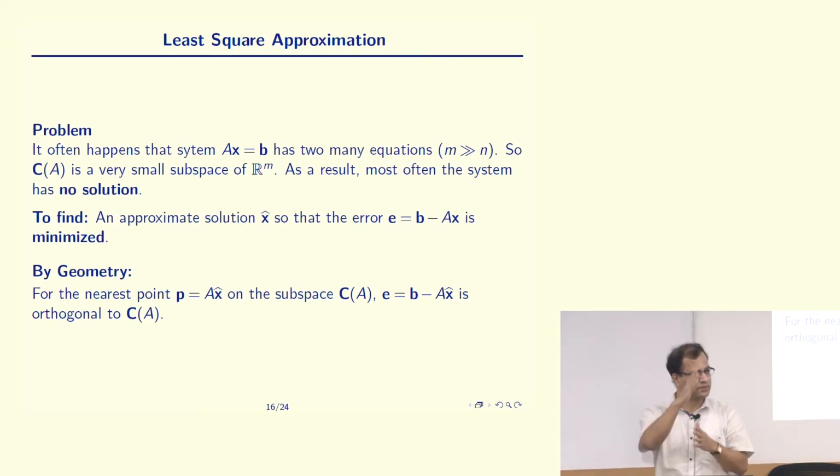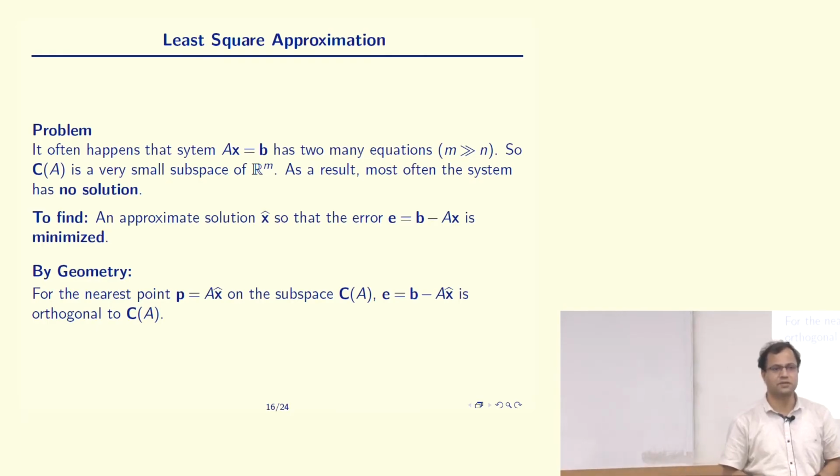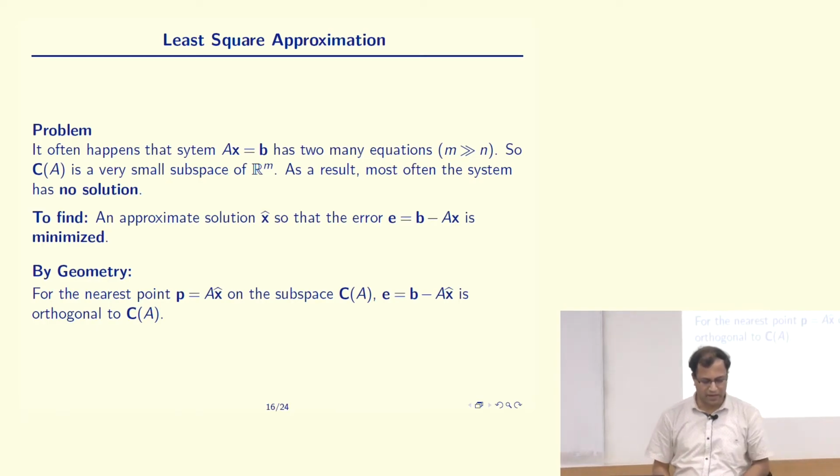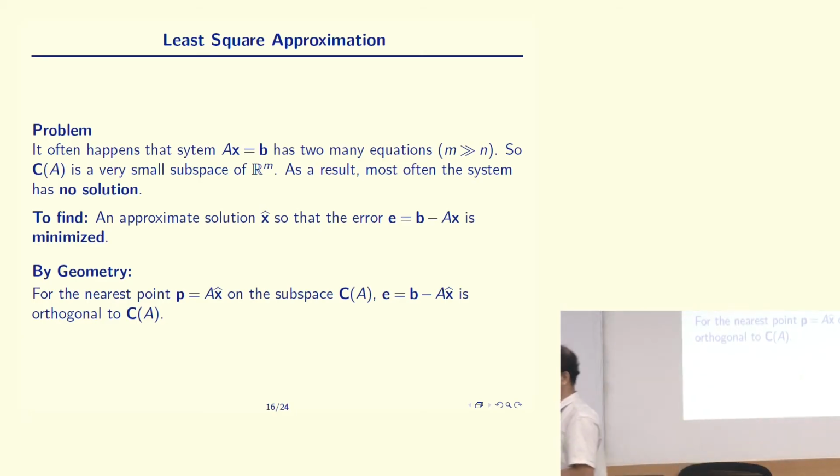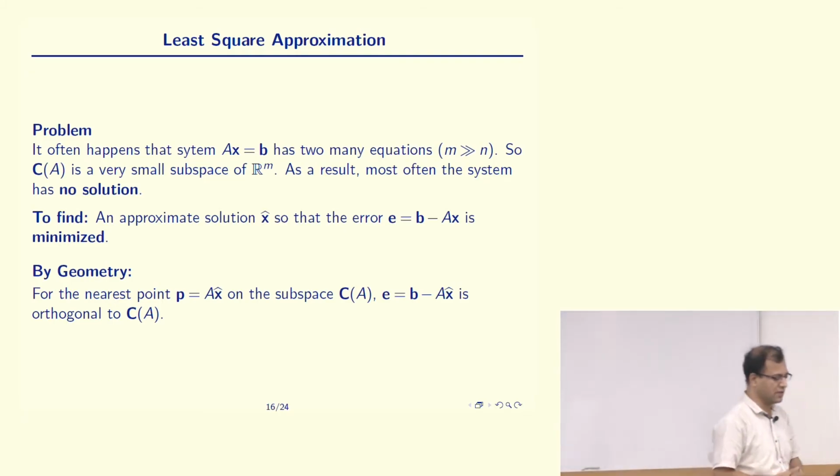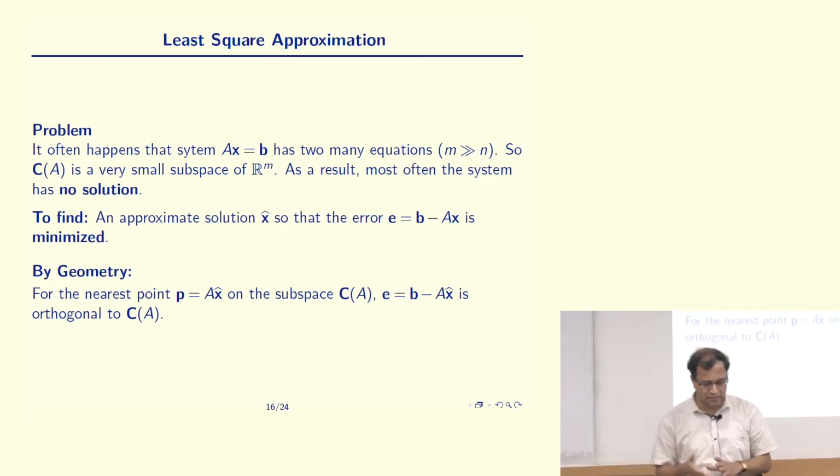You can always solve it if it is invertible. You find the solution, the approximation x cap, which gives you the projection, the nearest solution. Now there are a few properties which you can try to prove.